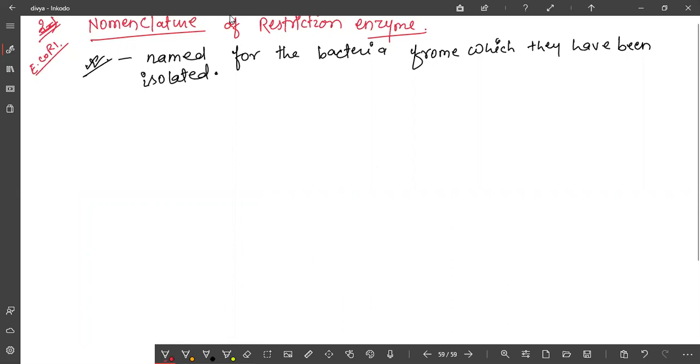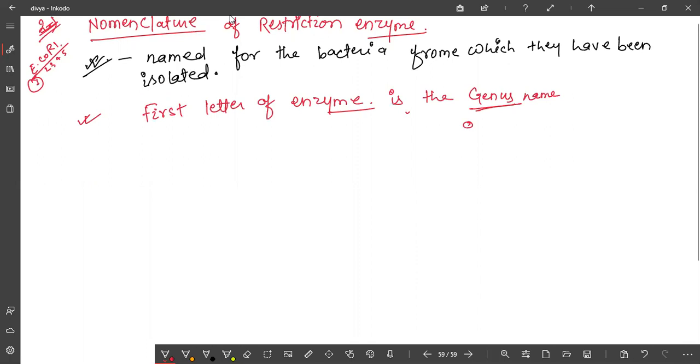This is the first letter, second letter, third letter, fourth letter, and fifth letter. The first letter of the enzyme is the genus name of the bacteria.